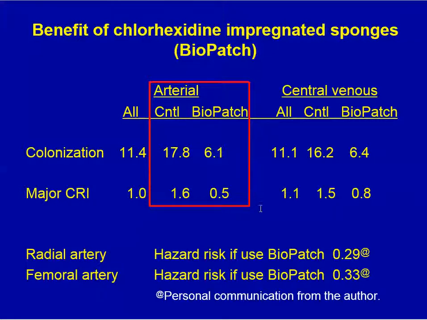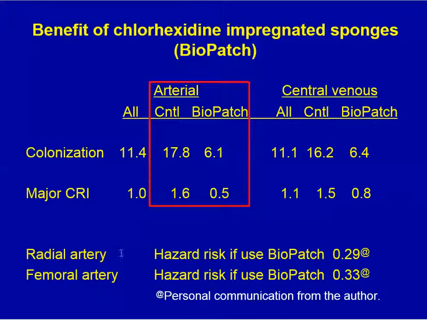What these investigators also demonstrated is that, just like their benefit with central lines, the use of antimicrobial sponges, such as a Biopatch, markedly reduces the risk of colonization and major bloodstream infections in arterial lines, reducing these risks to 1/3 of the risk when they weren't used.